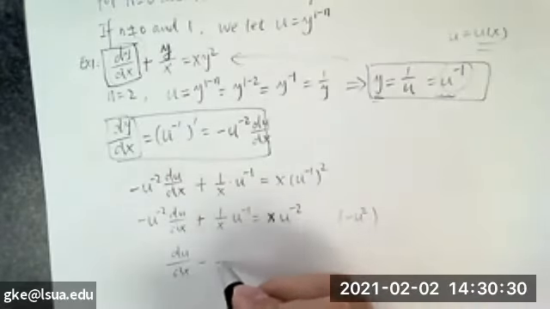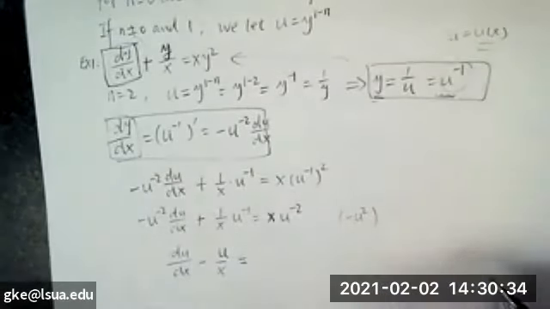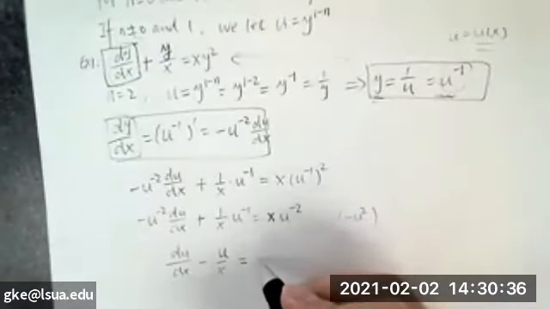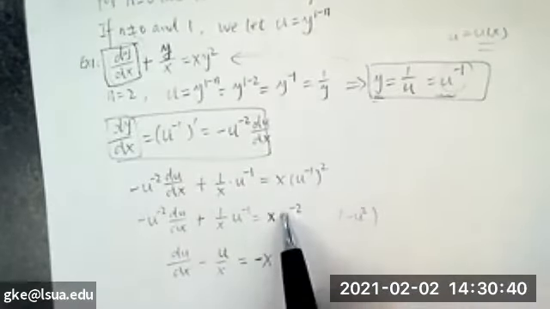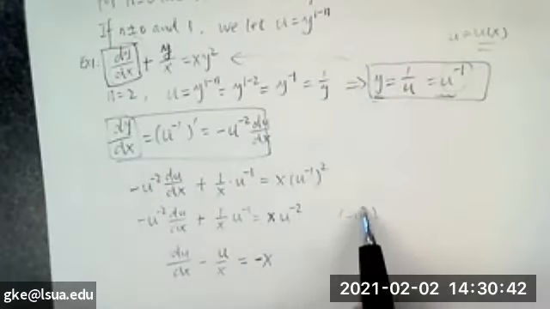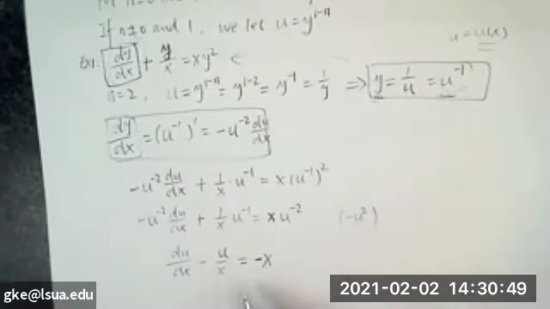This guy will be u over x, and this guy will be negative x, because u to the power negative 2 times u gives 1, so negative x.